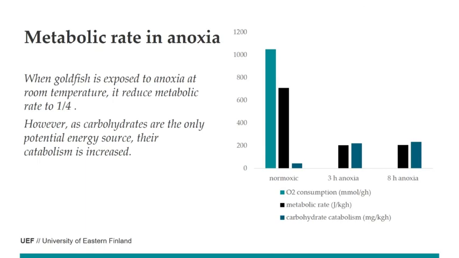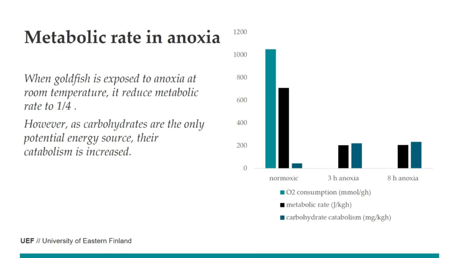As long as there's any oxygen available, these animals can use other sources, proteins or fat. But when they no longer have any oxygen available, the only energy source is carbohydrate, and that's why the carbohydrate catabolism is a little bit increased. But the good point in these animals is that they store a lot of glycogen in their tissues.